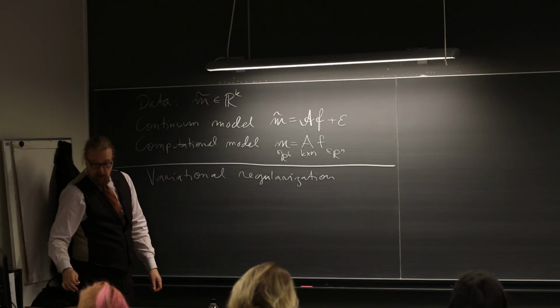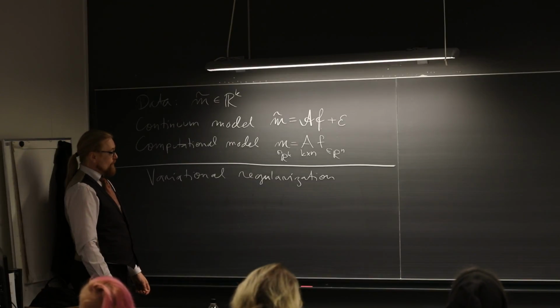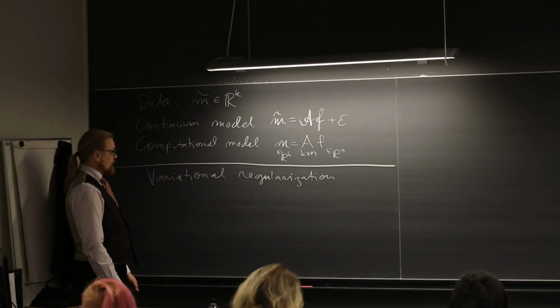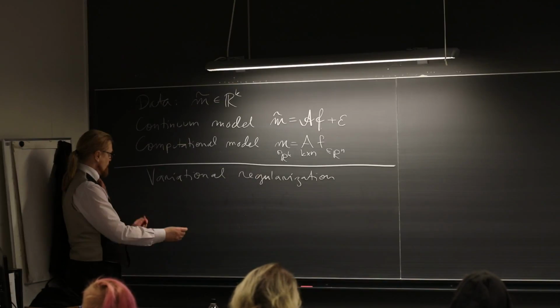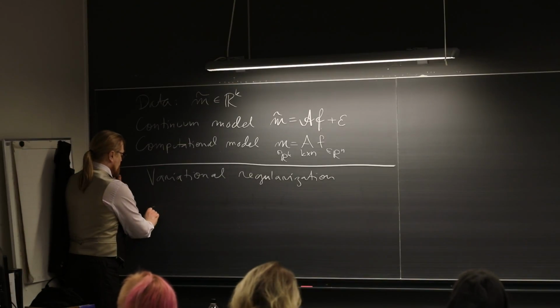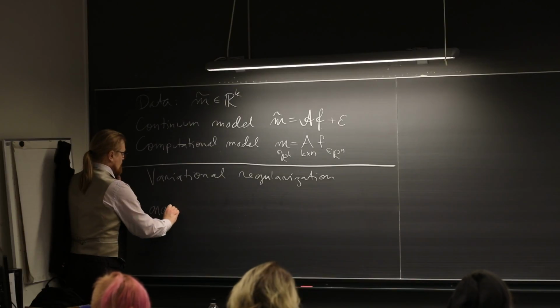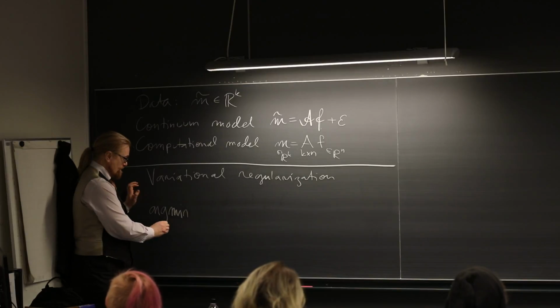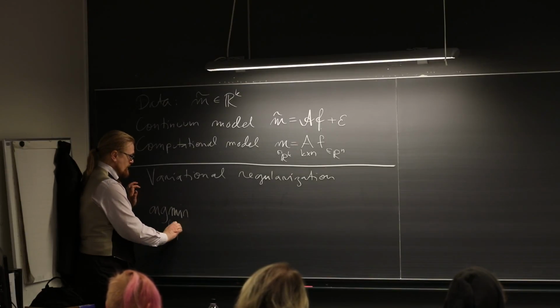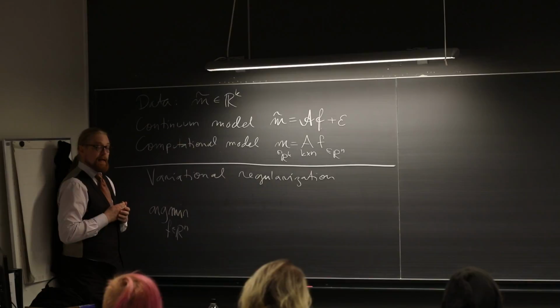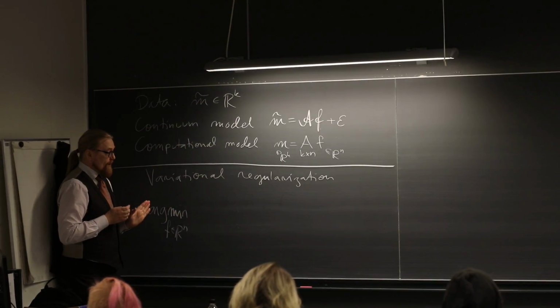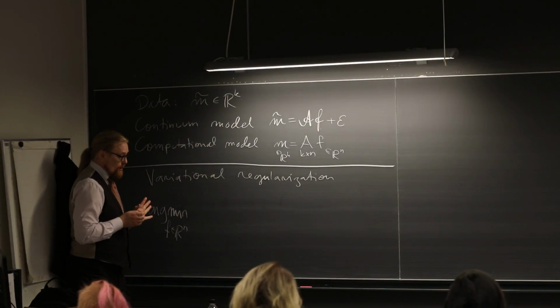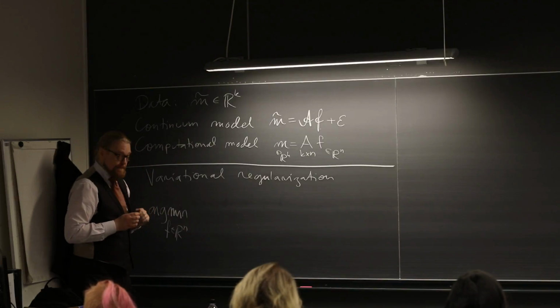It's kind of a term that covers both Tikhonov and total variation regularization. And here the idea is to take the argmin, so to find the vector in Rn that gives the minimum value of the following expression.